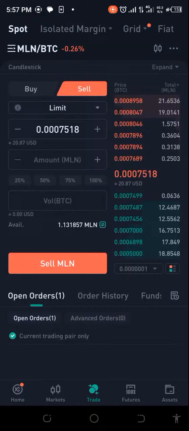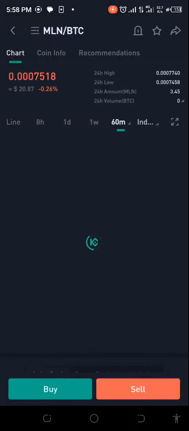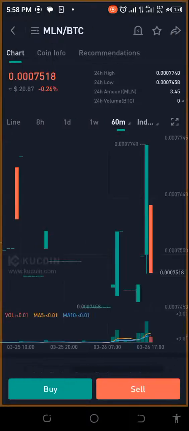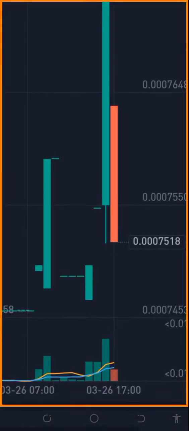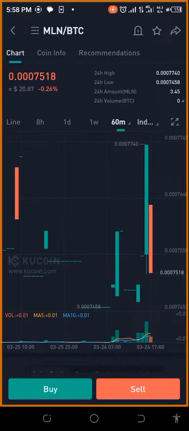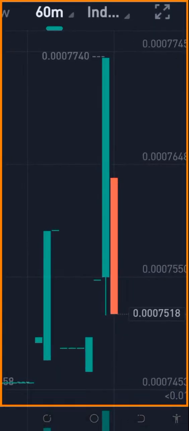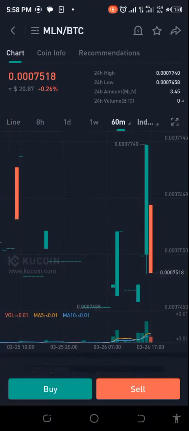Oh, wow. Can you see that MLN BTC has gone down? It was 774. Wow. Are we going to have to do a spot trading here? And just within how many minutes it went down?